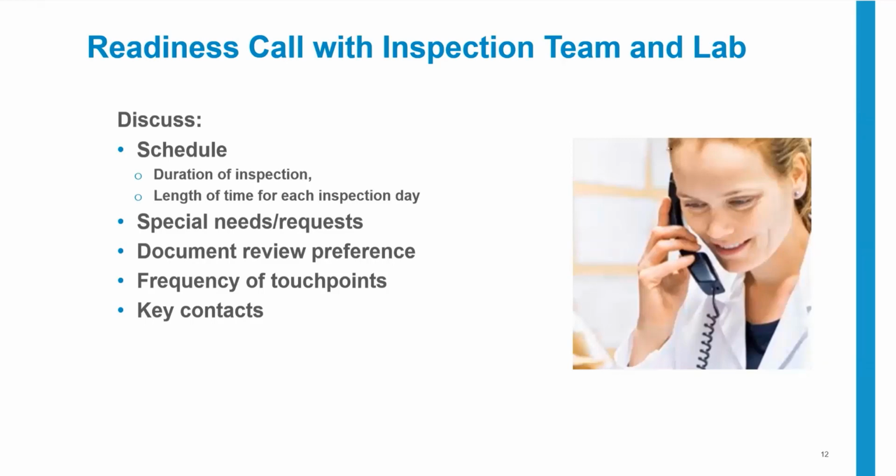Often, there are documents that other staff, for example the quality team, lab manager, or hospital infection control, will have that departmental staff may not always be aware of. Touchpoints help ensure laboratories are not cited for items that they actually are in compliance with, but that department staff were unaware of or couldn't provide. And finally, who are the key contacts for each inspection area?